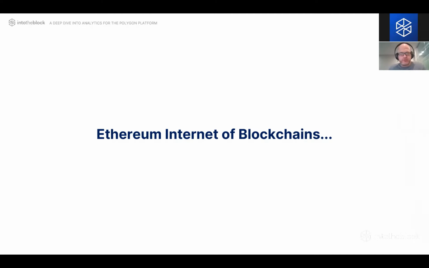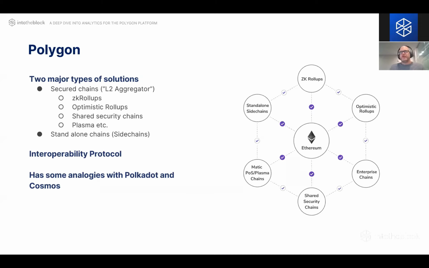So the first implementation of Polygon was based on a Plasma architecture, very similar to the Ethereum 2 approach, in which the EVM was modified for enabling Plasma workloads with certain modifications.